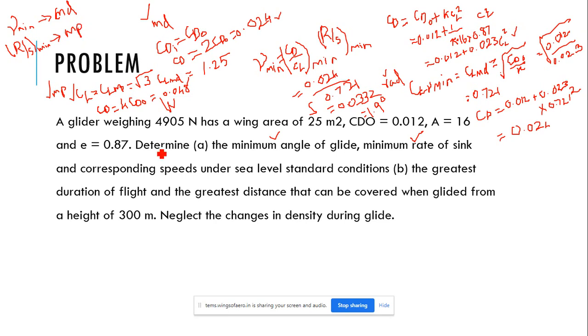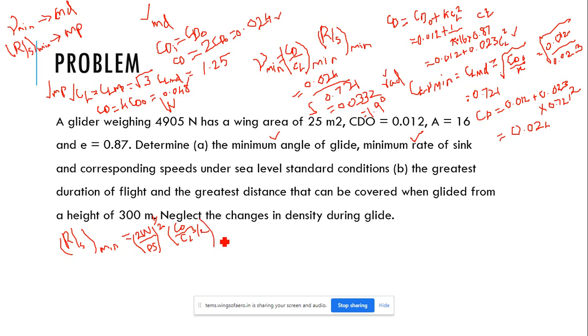Now we can find the value for R by S minimum. The formula is 2W divided by rho S, whole power 1 by 2, into CD divided by CL power 3 by 2 of minimum.